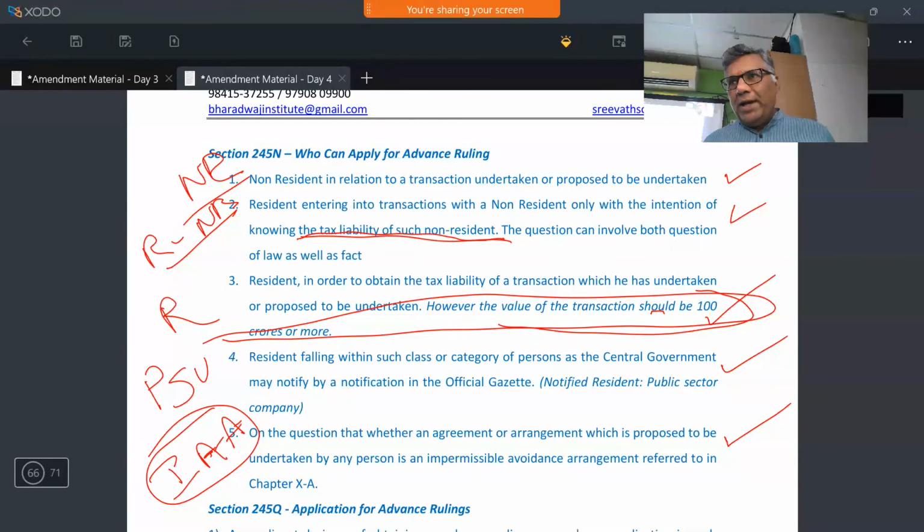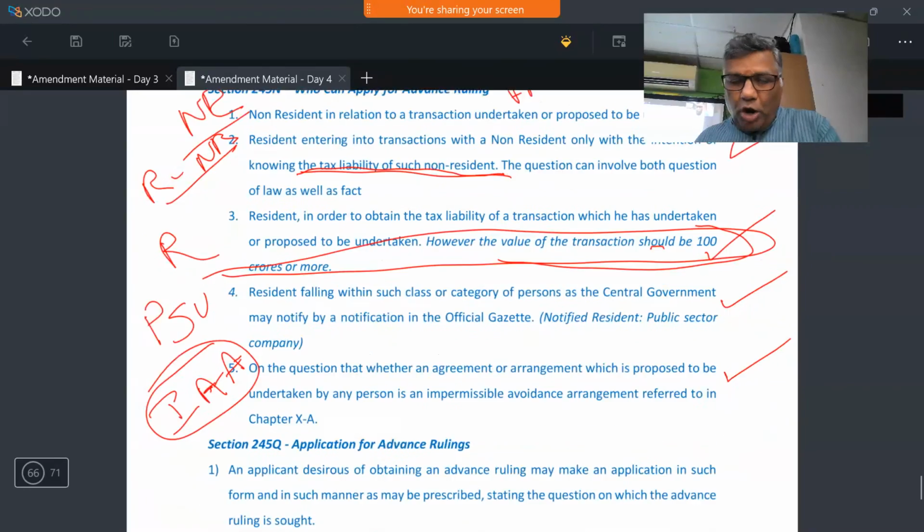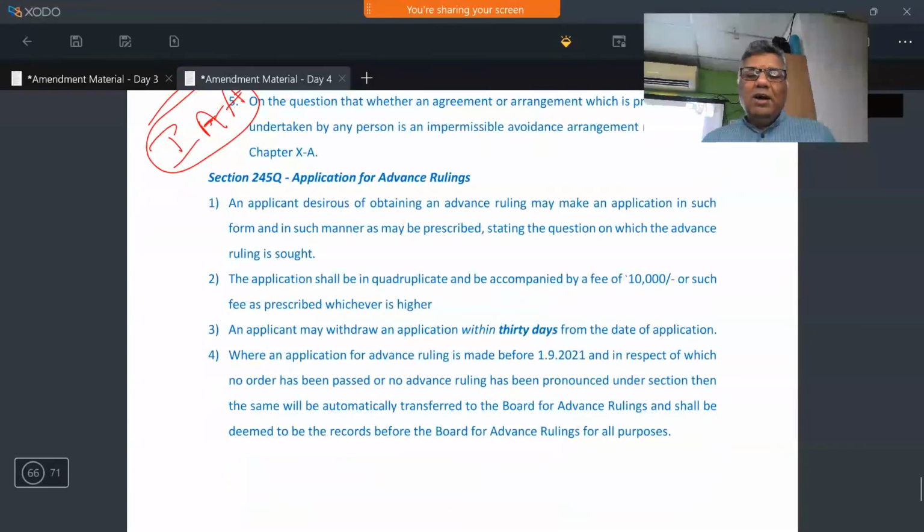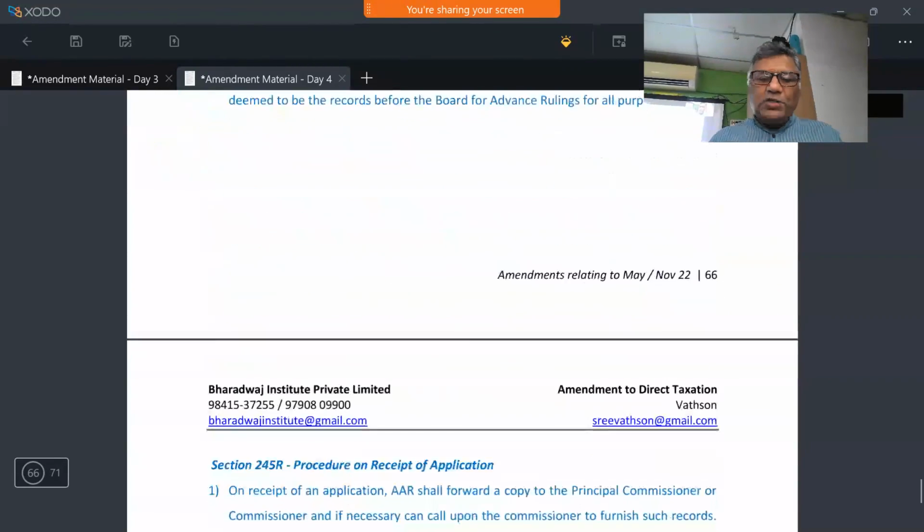These are what cannot be applied. You cannot ask the advance ruling authority to determine the fair market value. That is the valuation officer, and you should have gone to him. You should not coin the statement in such a manner that it will lead to avoidance of tax.